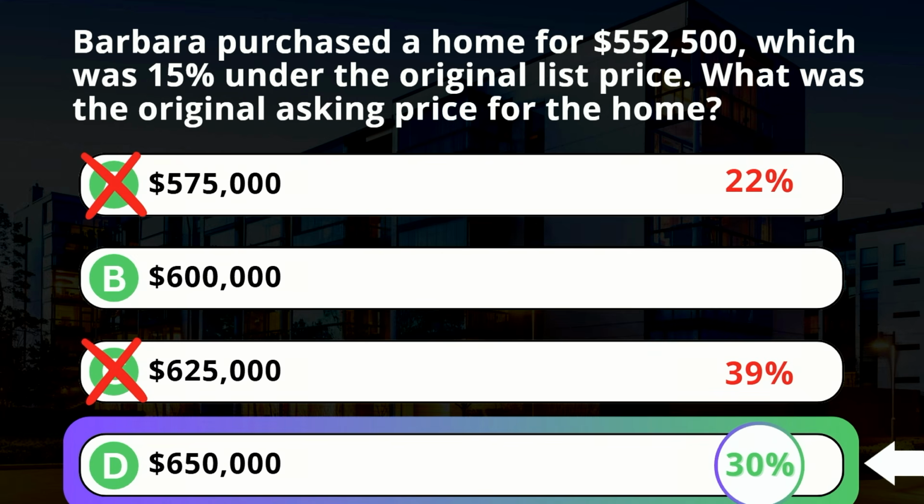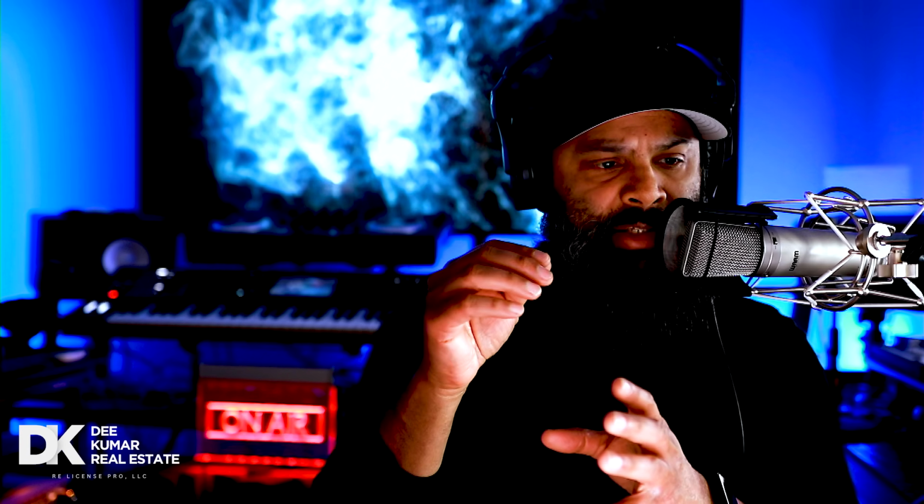And the big trick here was understanding that the number ultimately is 85%. So Barbara ended up spending 85% of the original list price. So if the original list price is 100%, and this was 15% under the original list price, then the $552,500 she paid is 85% of the original list price.